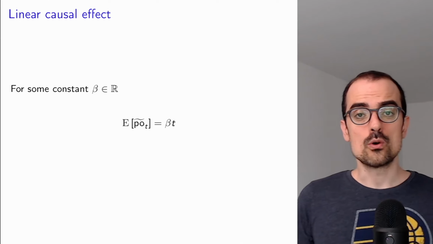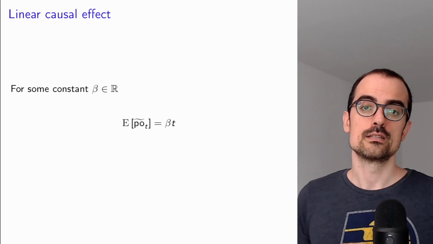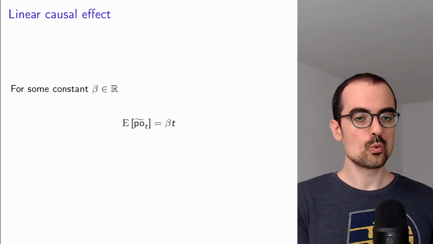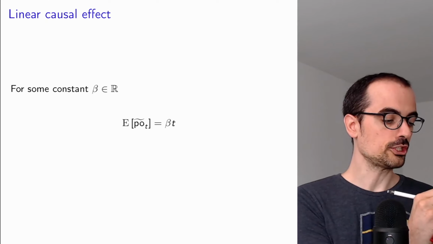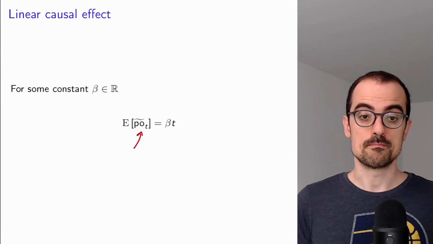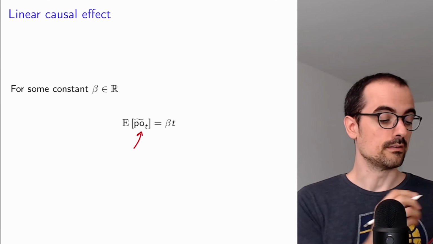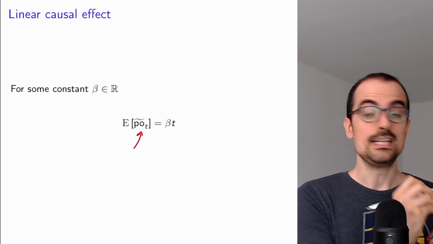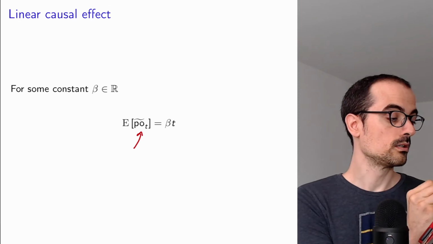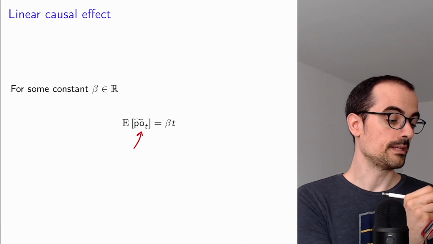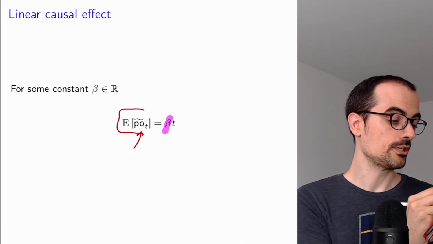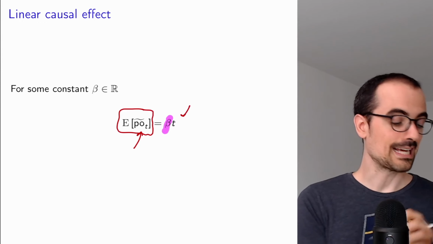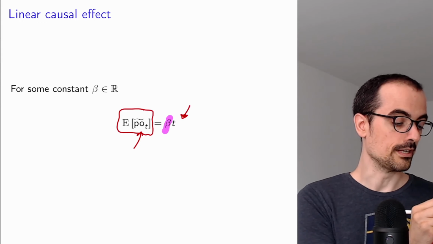Here, we're going to focus on linear causal effects between variables. We're going to ask the following question. If the potential outcome is modified by the treatment, and it's modified linearly, where there's a constant that determines how much the mean of the potential outcome changes when we change the treatment, then can we identify this linear effect?